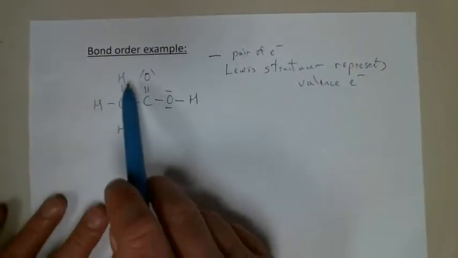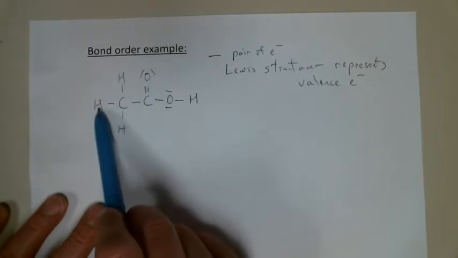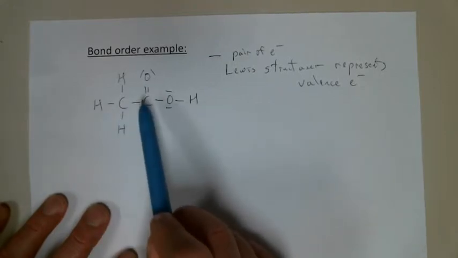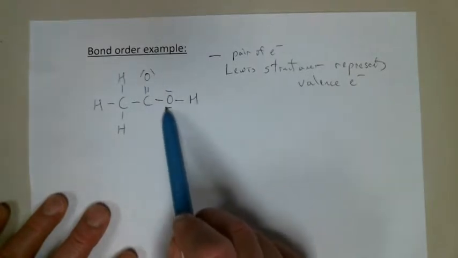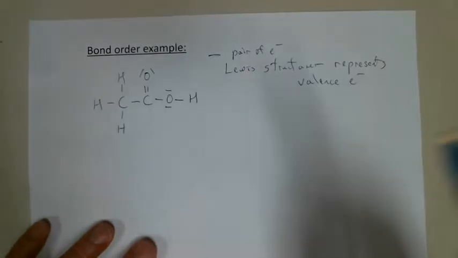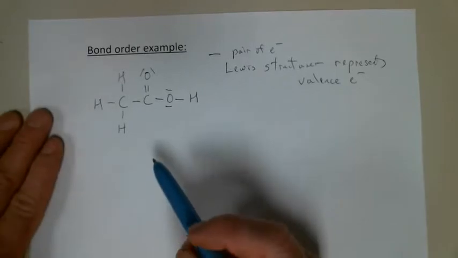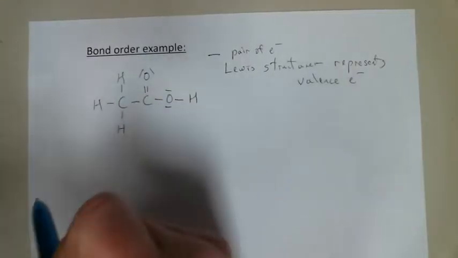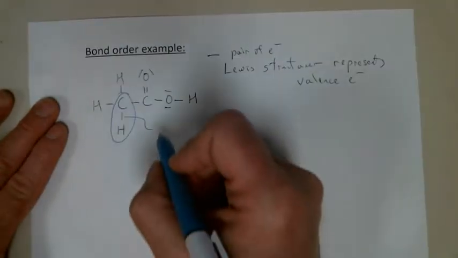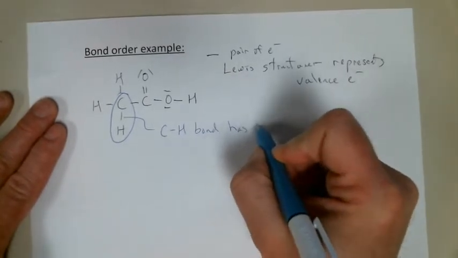And so when we look at this, that means there's a carbon-hydrogen single bond here, a carbon-hydrogen single bond. And this is the order in which they're all connected. This carbon's connected to that carbon, which is connected to two oxygens, and this oxygen has a hydrogen on it. These are lone pairs. We'll worry about that when we do Lewis structures. And so when we look at this, if we were looking at, say, just this piece of it, that carbon-hydrogen bond has a bond order of 1.